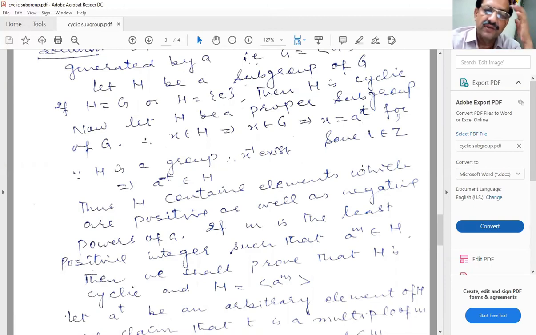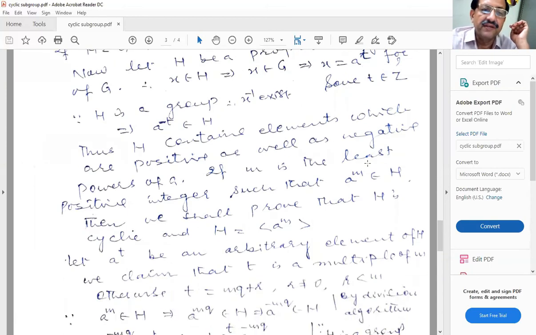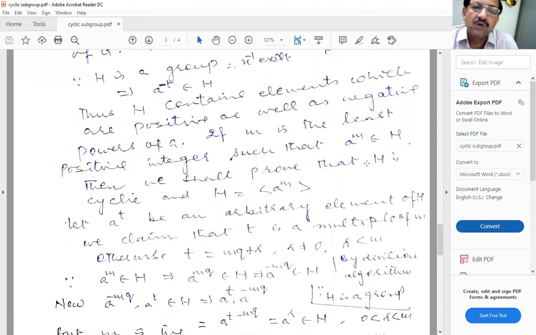Negative powers of A. If m is the least positive integer such that A raised to power m belongs to H, then we shall prove that H is cyclic and generated by A to the m.